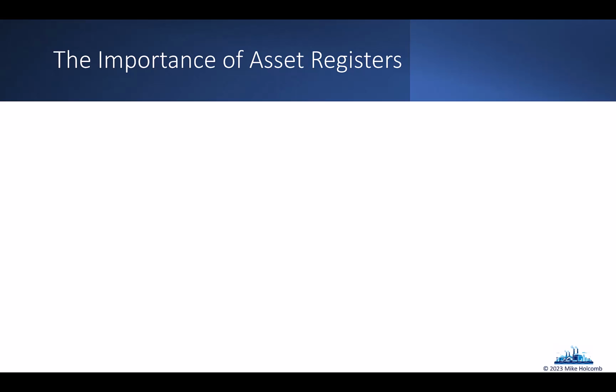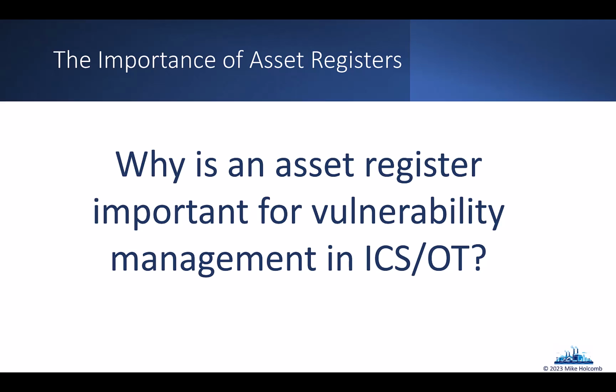So this should come full circle back after the last part that we talked about, which is why we have asset registers in the first place. Now hopefully it makes more sense, because I need that asset register to tell me which assets I have in the environment and the different properties about those assets, like the vendor and the model and the firmware version, so I can manually look up.